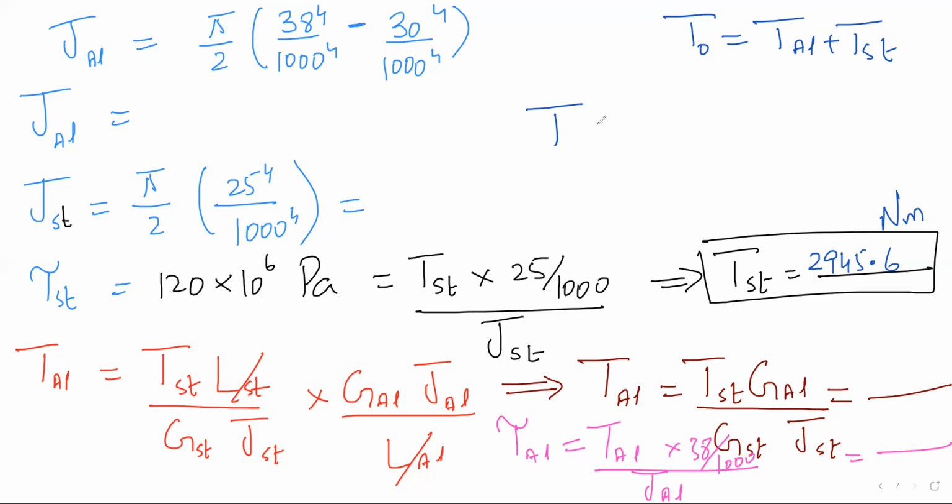P R over I P. What did you get? Power 4. Do it in front of me.